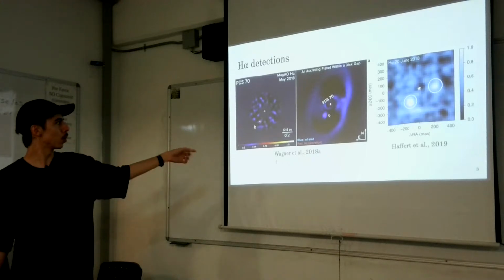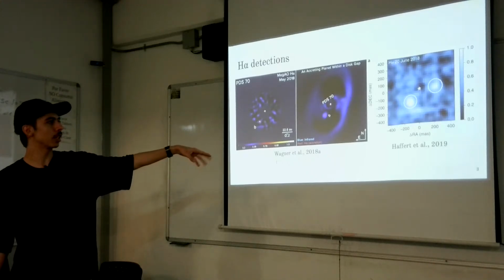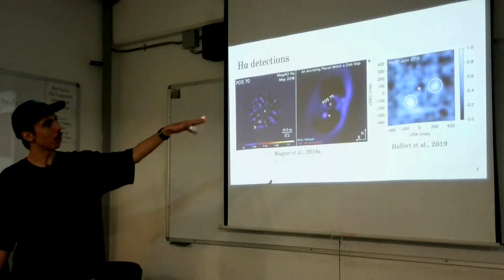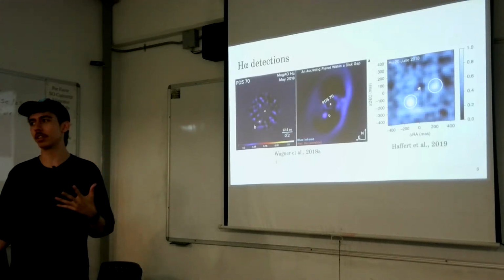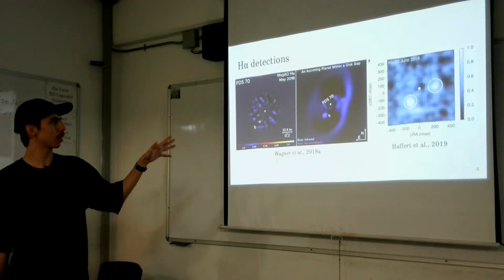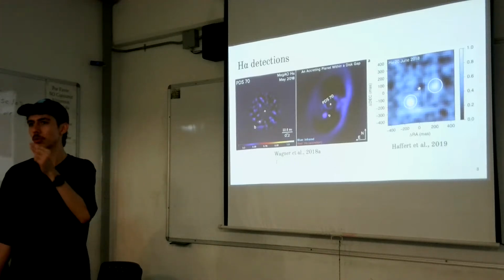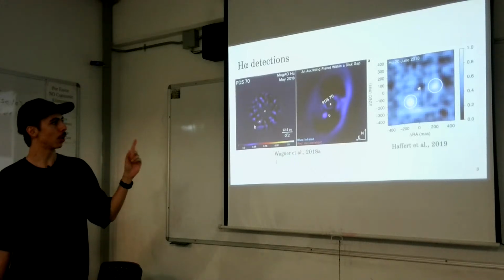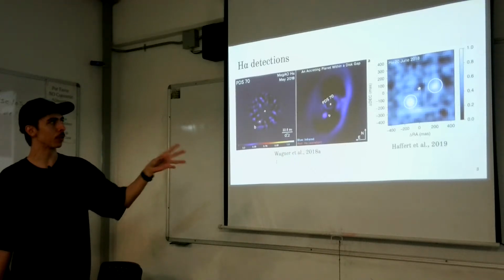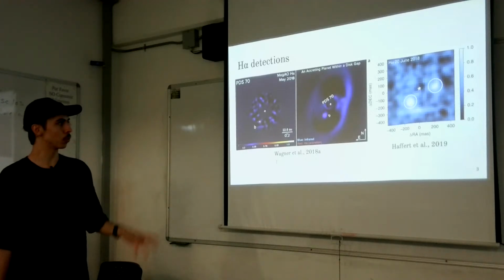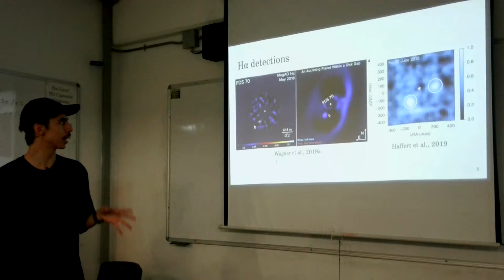Here we see the work by Wagner in 2018 and Haffert in 2019 that showed the two blobs that confirmed the detection in H-alpha. Before, it was a little bit difficult to make out the detection for PDS 70 c, but through work by Haffert at a little bit higher resolution, they were able to find it and confirm the detection.